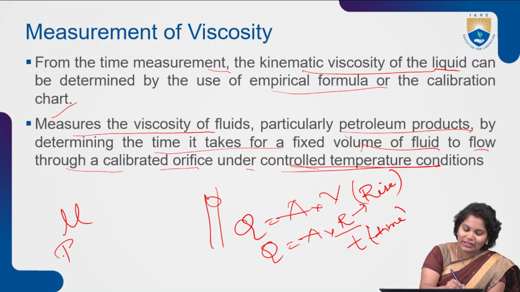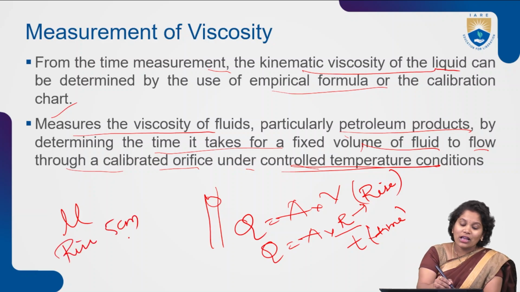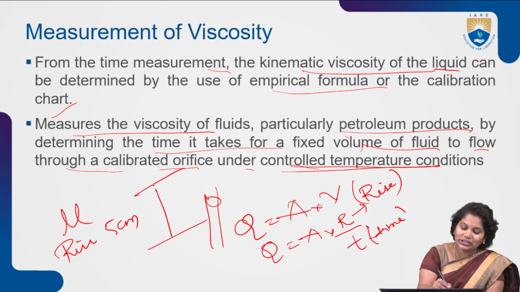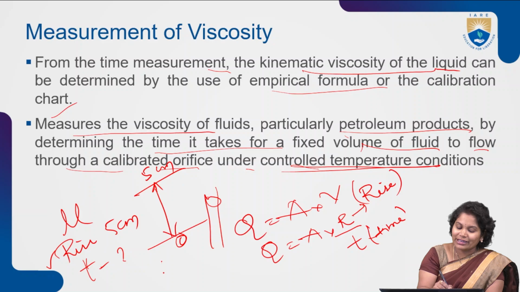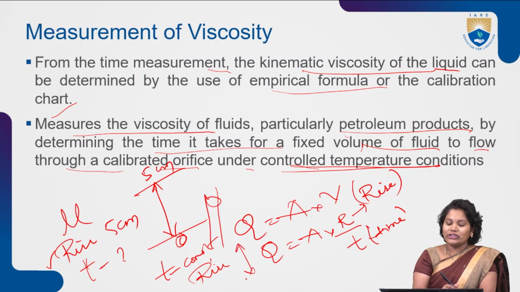Let us say the rise is 5 centimeters, so how much time does it take to fill the measuring tank from 0 to 5 centimeters. By taking rise as constant, how much time it takes, or else by taking time as constant, how much rise takes place, how much height it fills in the measuring tank.